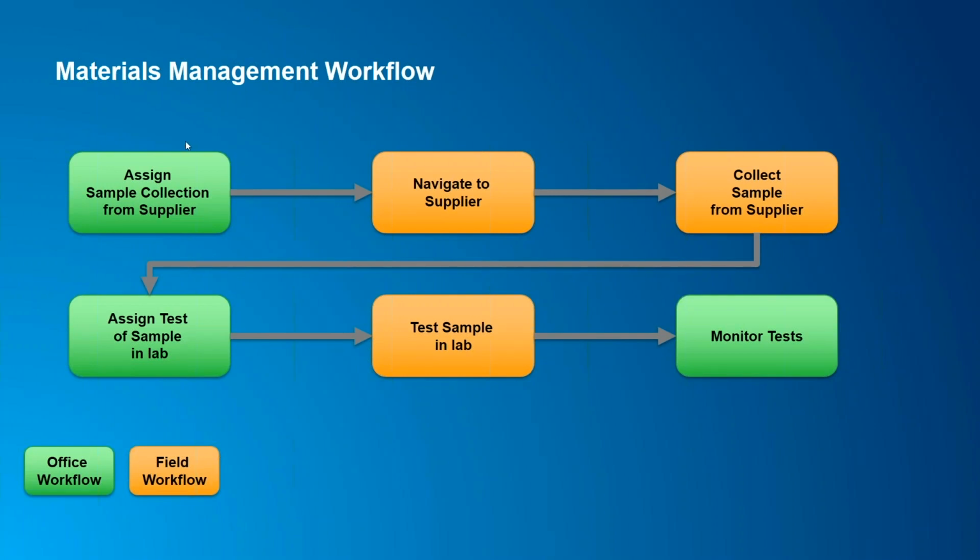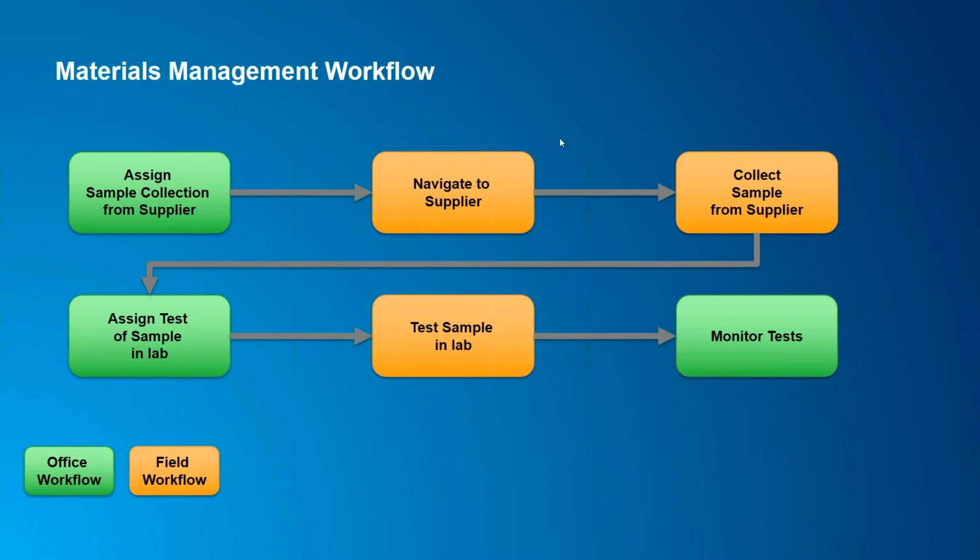The first step, assign a sample collection from a supplier, and this could be assigning just someone to go out in the field and perform a test in the field, but in this case we're going to collect a sample at a supplier location. That's our first step. The second step is for the person who's going to go out and collect that sample to navigate to that location and then collect the sample at that location.